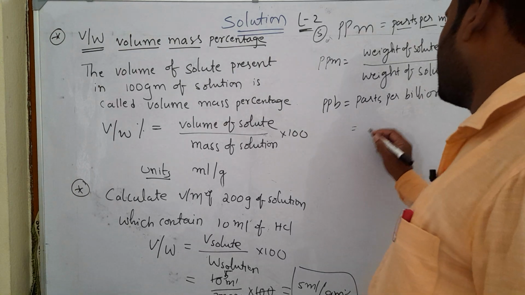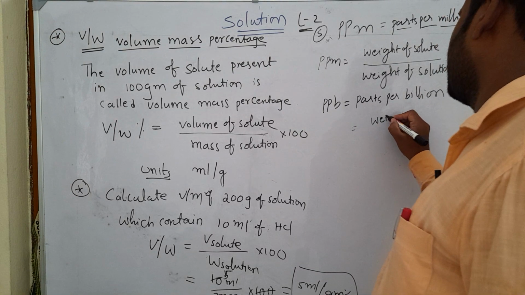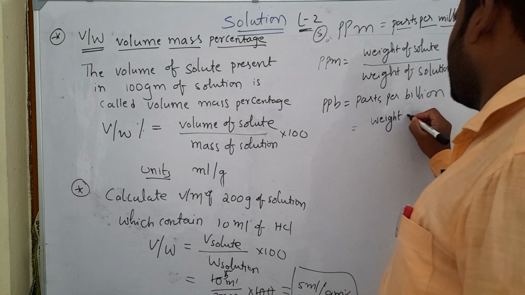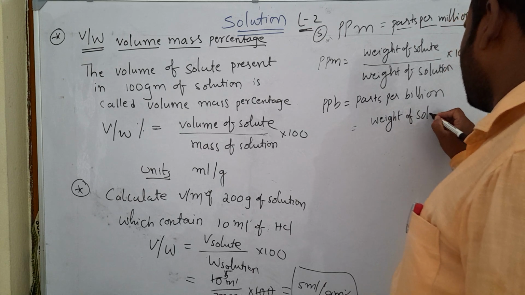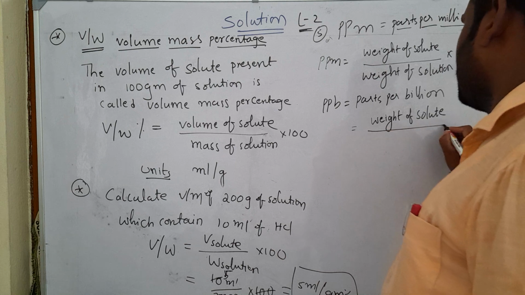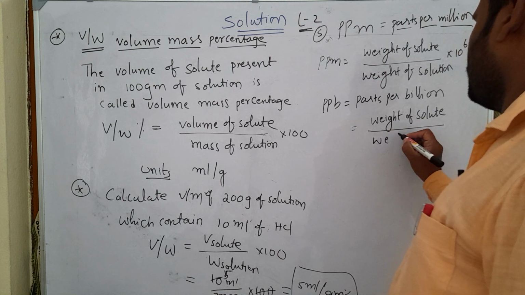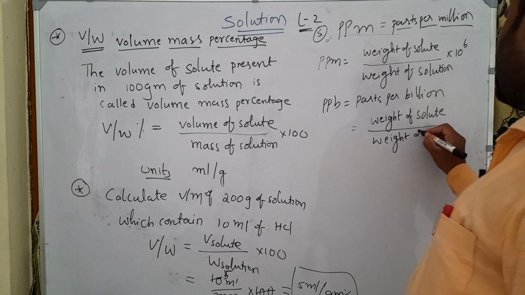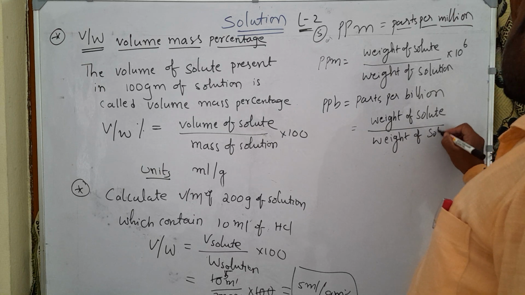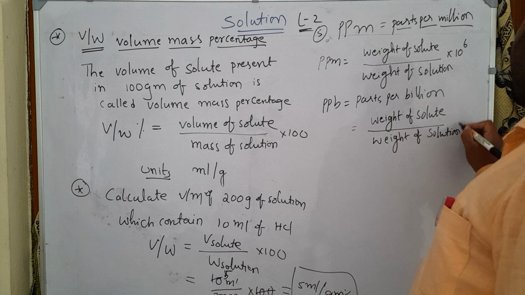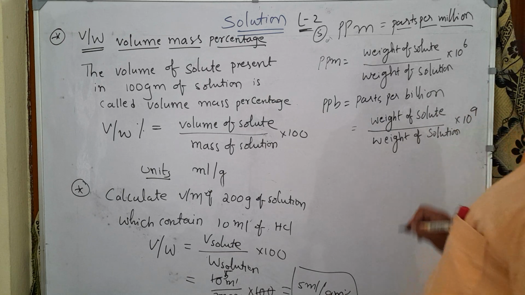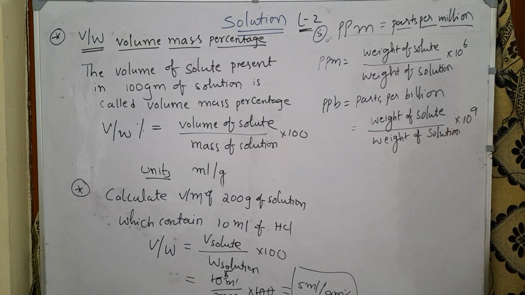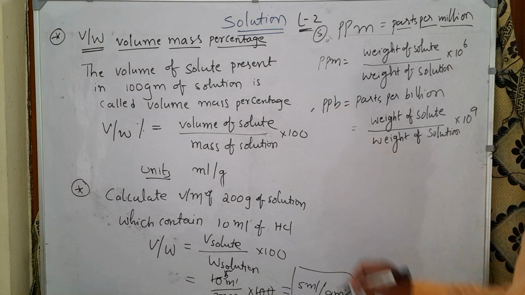How can we write the formula? Weight of solute by weight of solution into 10 to the power of 9, meaning the number of parts present in 1 billion parts, which is nothing but ppb.